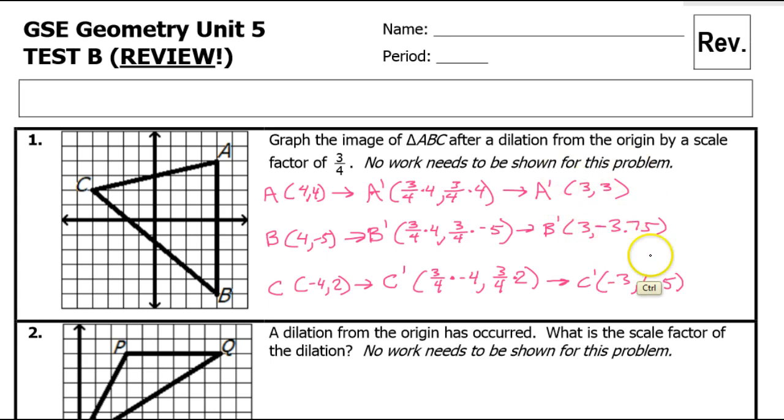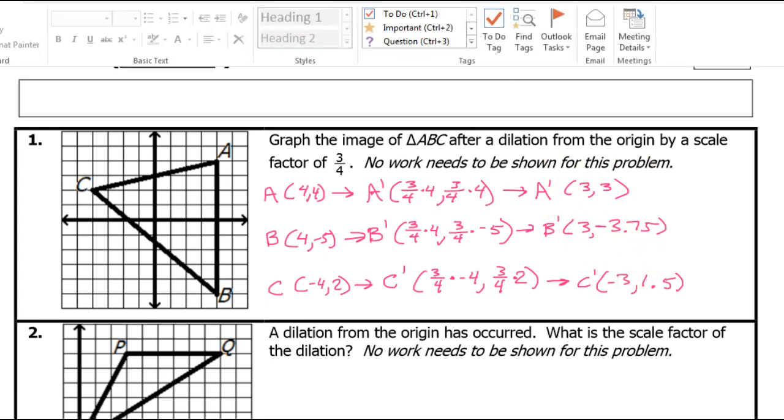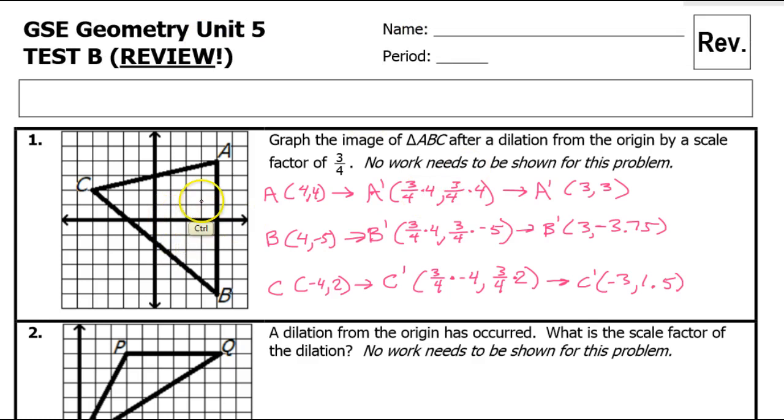All right, so then it's just a matter of graphing each of these points. The point (3, 3), of course, is right here. And (3, -3.75). So -3.75 is almost to -4, but not quite.